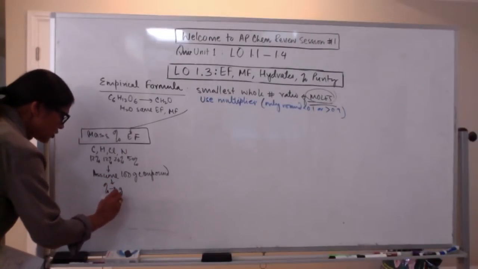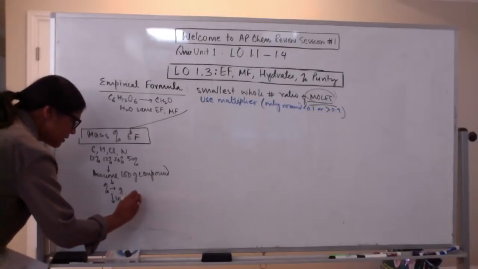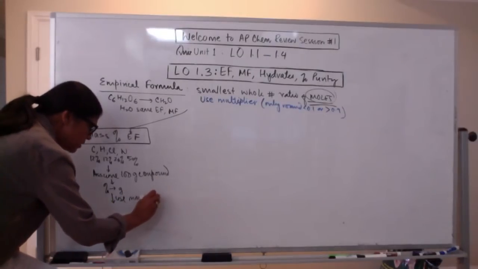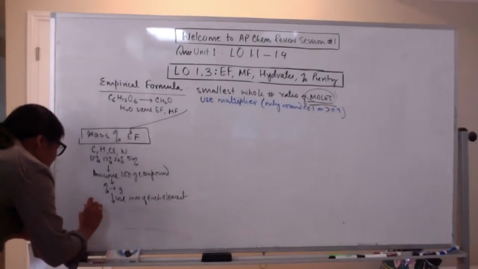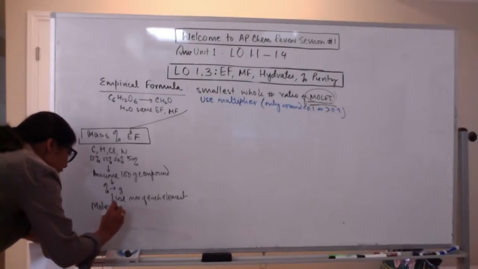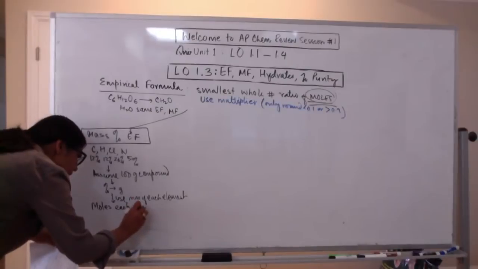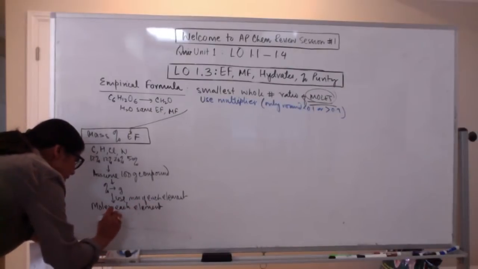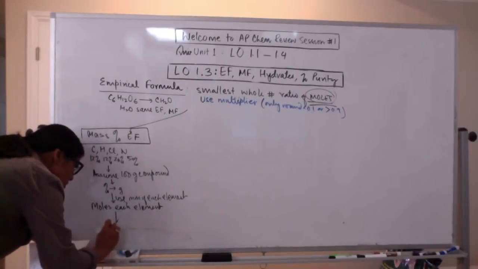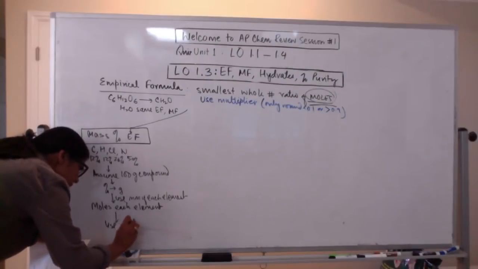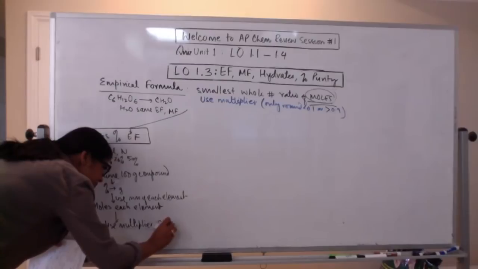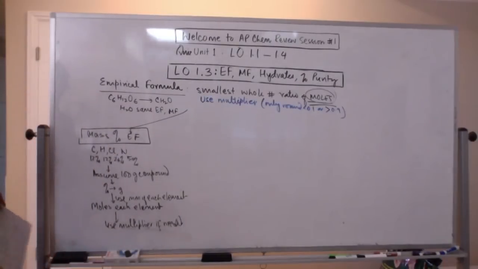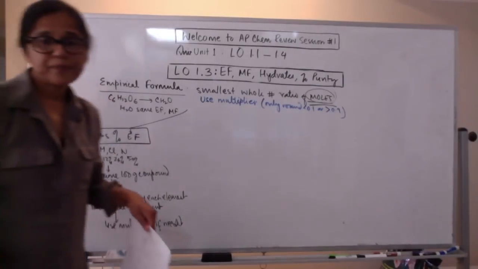Then use molar mass of each element, get moles of each element, and then use a multiplier if needed.